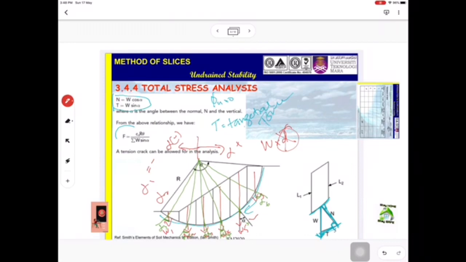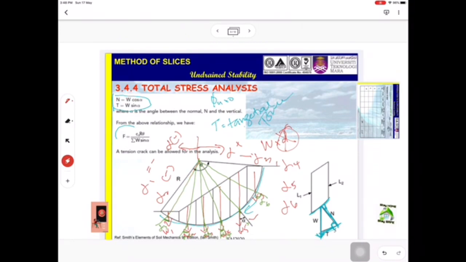Alpha 2 is also negative. Positive alpha is for alpha 3, alpha 4, alpha 5, and alpha 6.